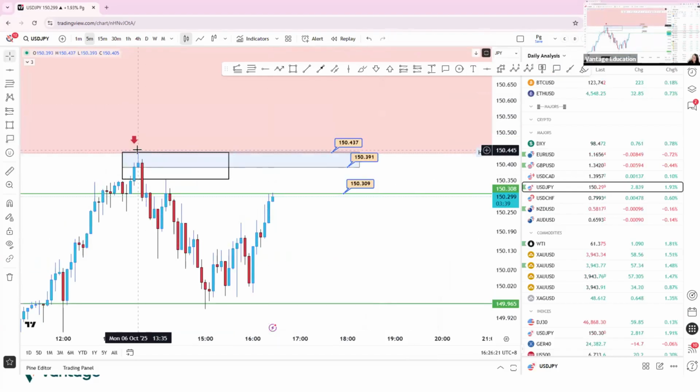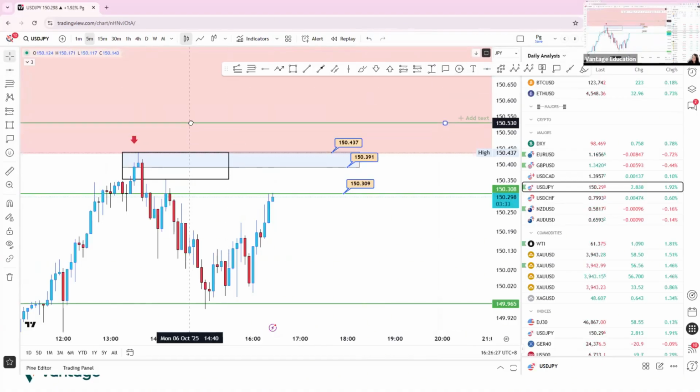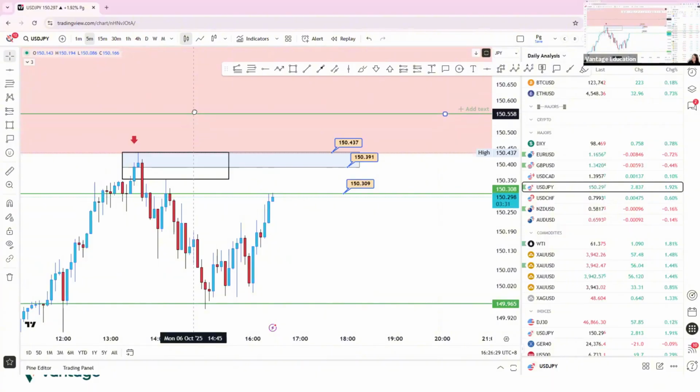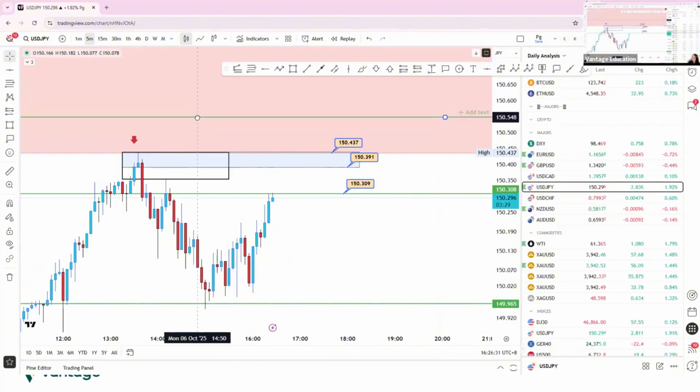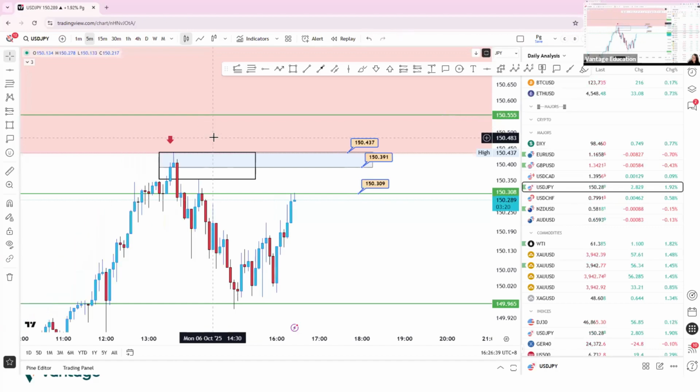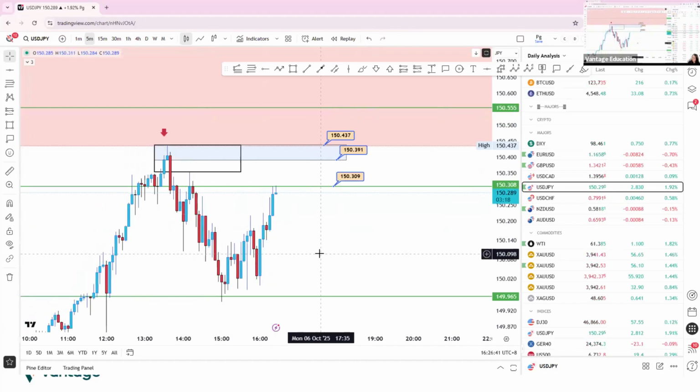I'm gonna put my stop loss at 1. Don't need to be too far. Around this level.